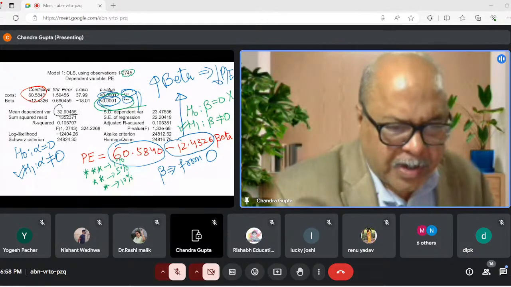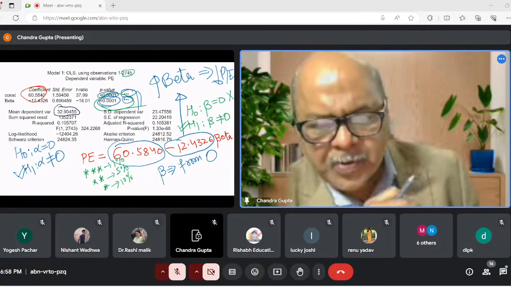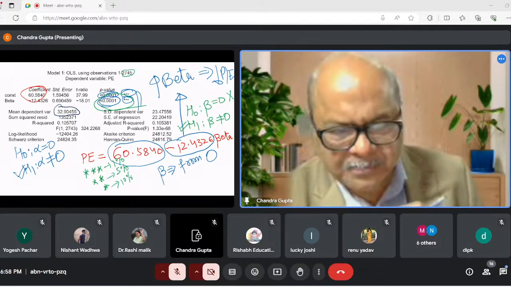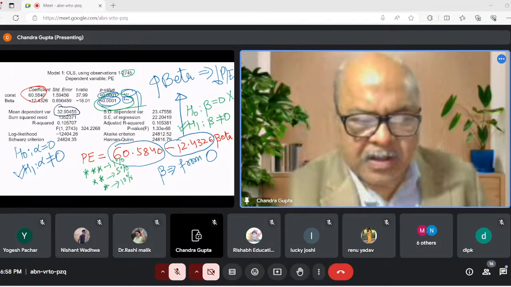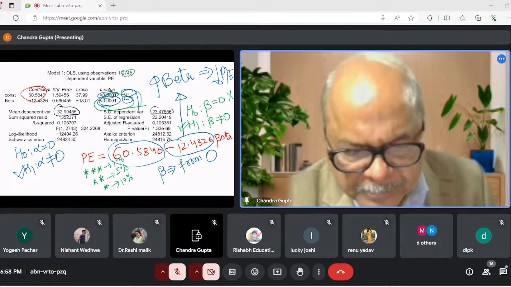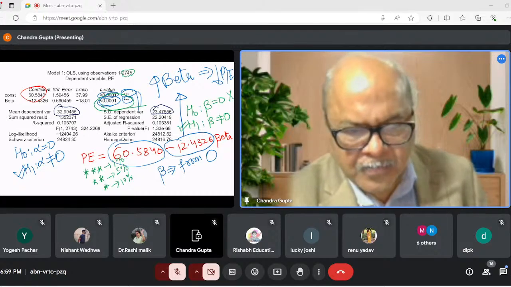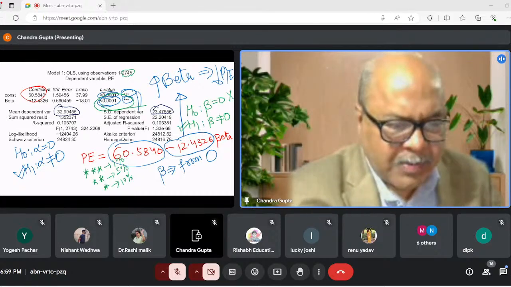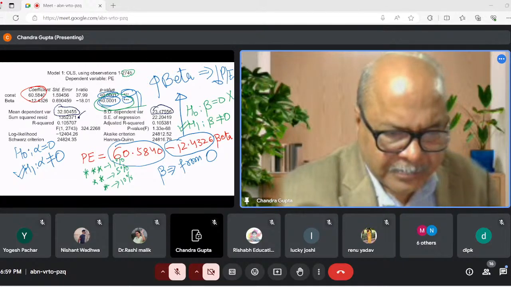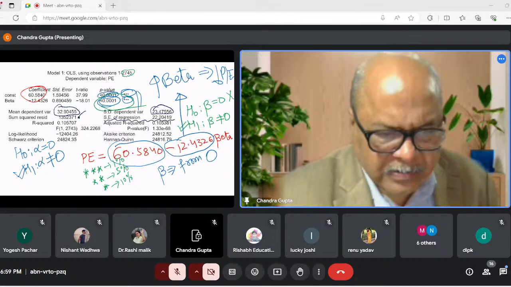This is the mean of the dependent variable, that is mean of the P ratio. So in our data, P ratio average is 32.90455. This is the standard deviation of the dependent variable. And this is the sum of squared residuals. And this is the standard error of the regression.